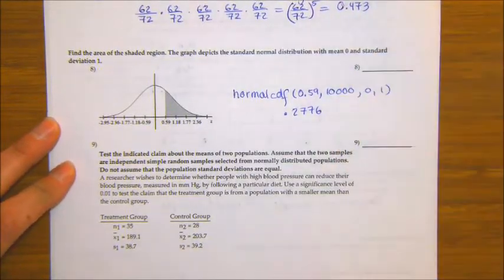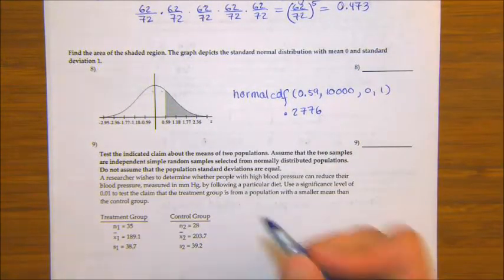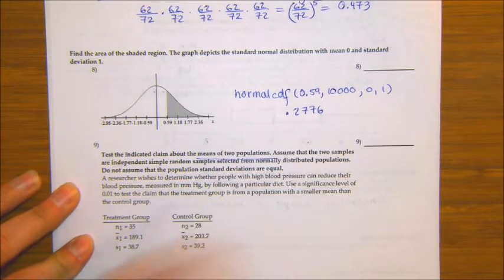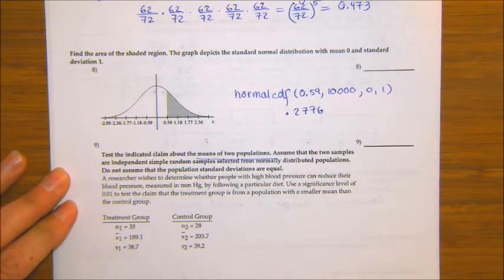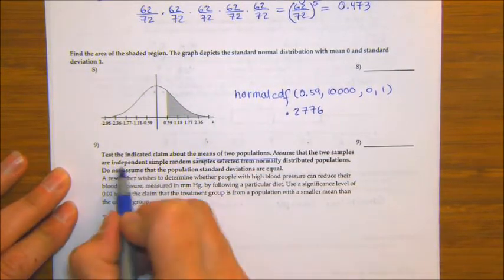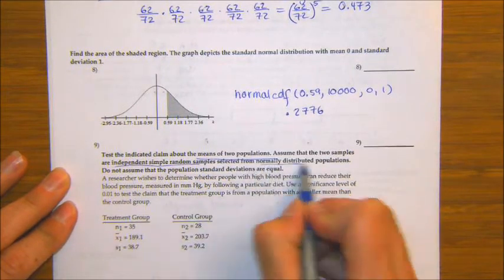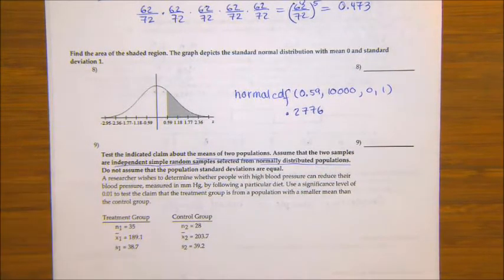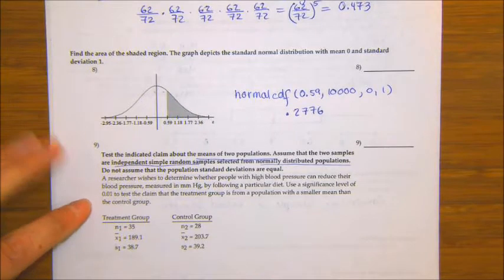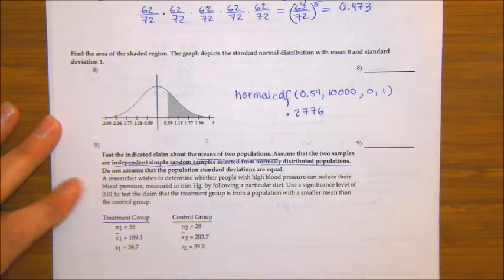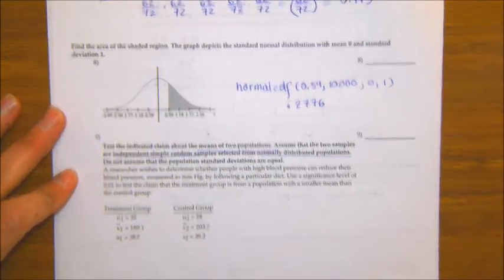Number 9. Test the indicated claim about the means of two populations. Assume that the two samples are independent simple random samples selected from normally distributed populations. So those are some of the requirements we need in order to do our test, to assume that the population standard deviations are equal.